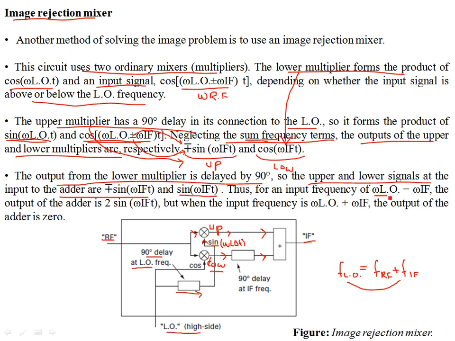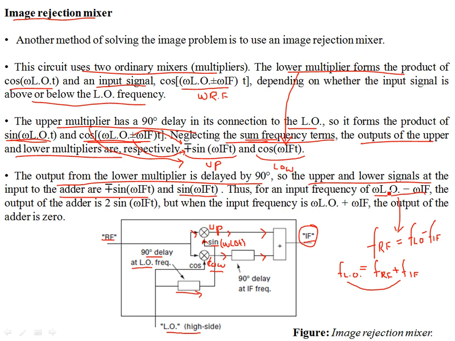If you consider the frequency which is lower than the local oscillator frequency, this is the case where F_RF equals F_LO minus F_IF in hertz. In this case, the output is going to be the intermediate frequency.